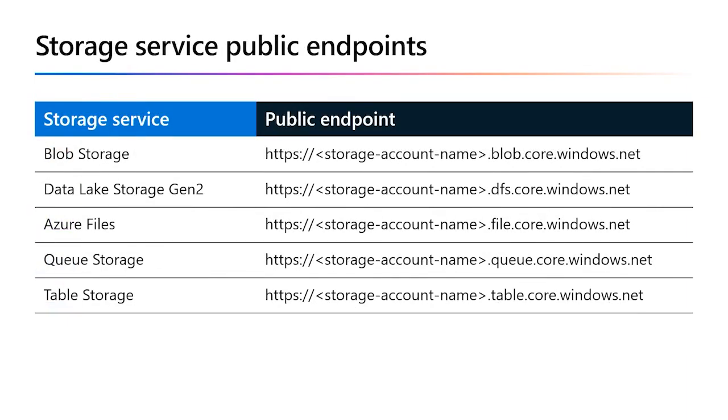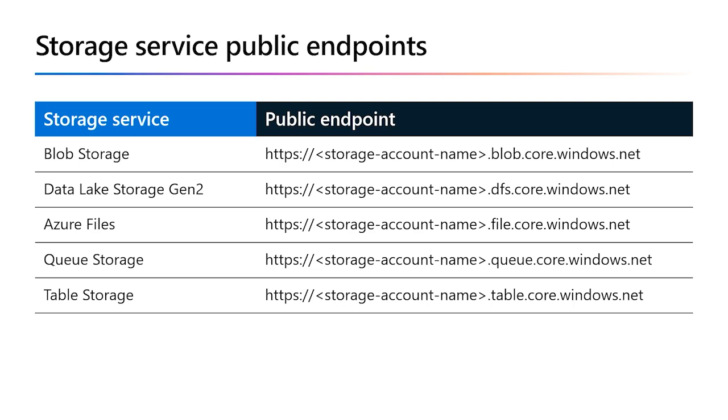In order to access these different storage services, people, services, or applications will need to use the appropriate endpoint, depending on what type of service is being used. This provides a way of connecting to the service, as well as helping to connect to the correct type of service. For each of these services, you'll notice that the public endpoint will be a little bit different based on the type.